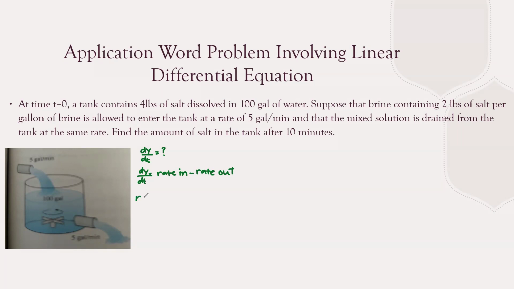So the rate in, I believe, is given. It says the brine contains 2 pounds of salt per gallon of brine. So that would be expressed as 2 lbs per gallon times the rate of 5 gallons per minute.